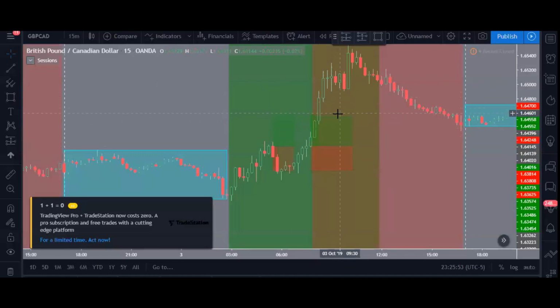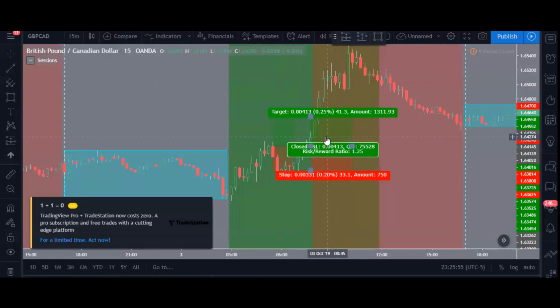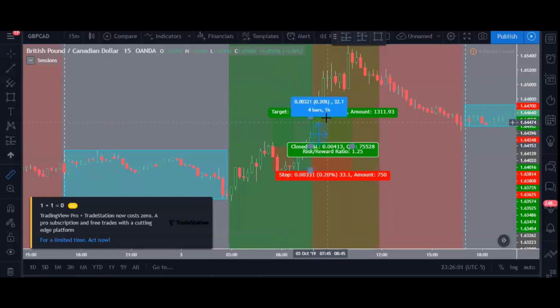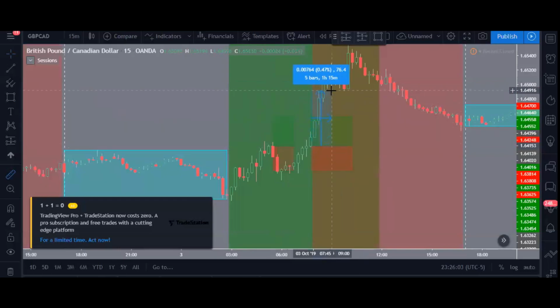So let's calculate. So we just lost 66 there. Gained 41 on the first position. And then another about 77 on the second position.